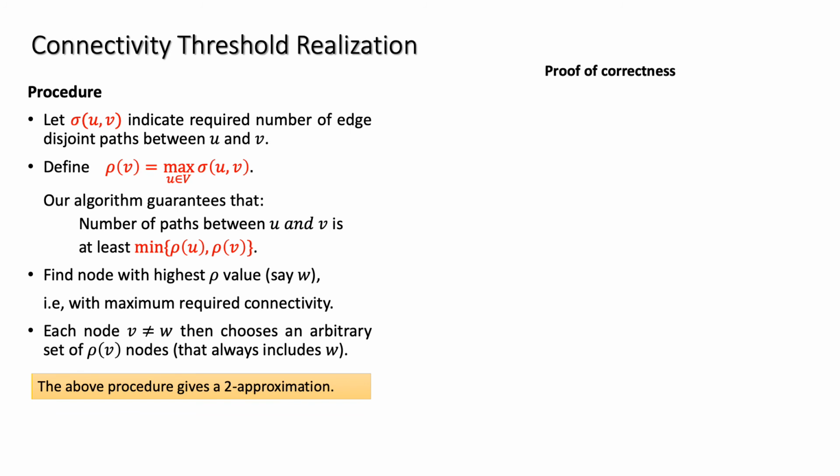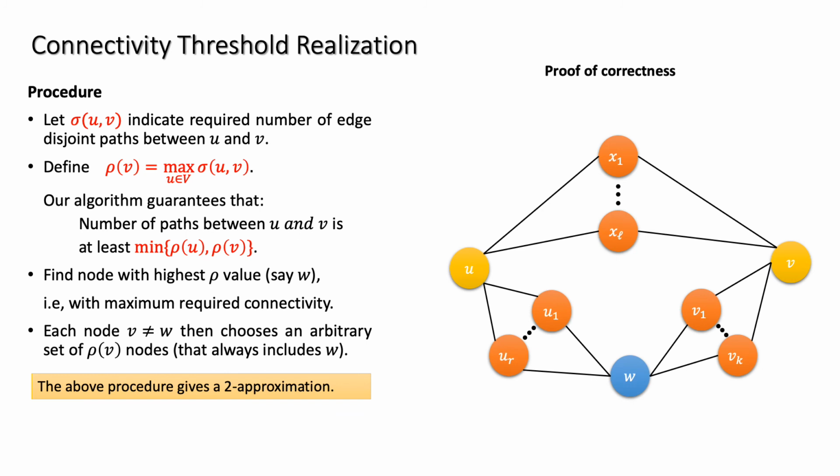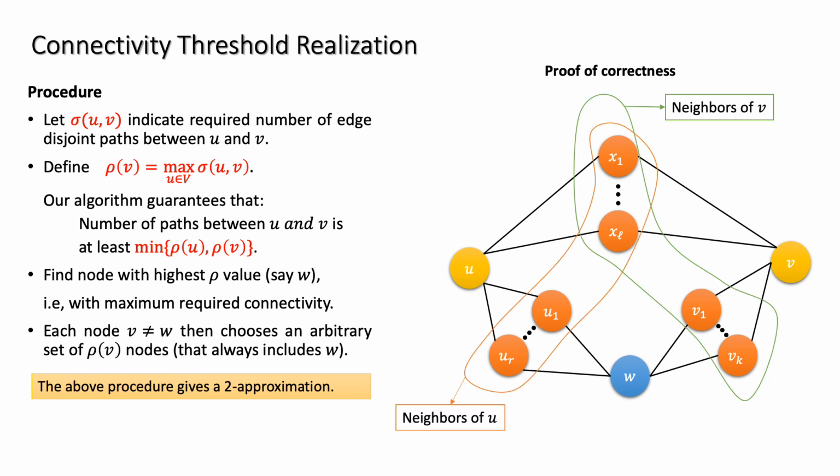guarantee is indeed met. Proof of correctness. Consider two nodes U and V. Let x1 to xl be the shared neighbors of U and V. Let u1 to ur be the nodes that are neighbors of U but not of V, and v1 to vk be the neighbors of V that are not neighbors of U. Notice that all nodes are neighbors of W. Now, for every i, there is a path u xi v.